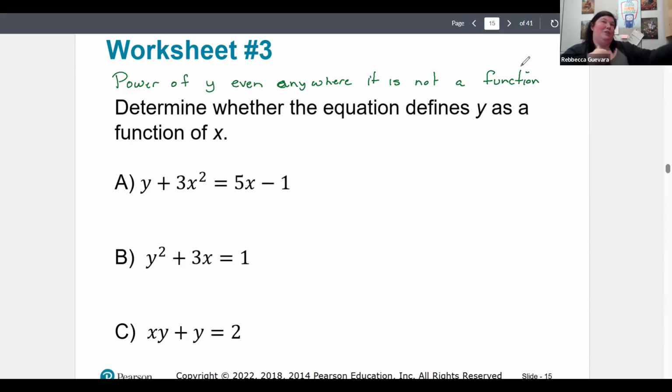When that happens, that means you end up with two different y values every time you look at an x value. I'll give you a moment here. So just using that, the power of y, there's some important words missing in here. Let me fix that.